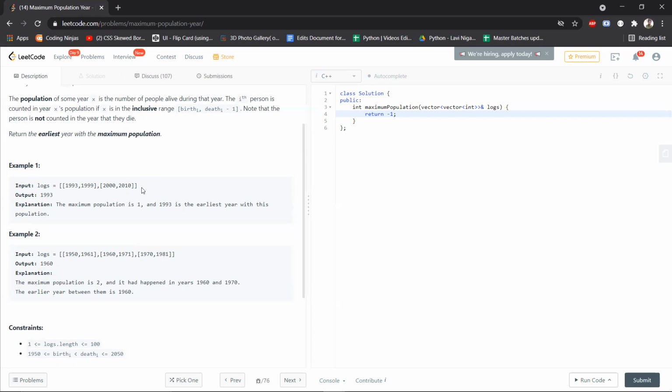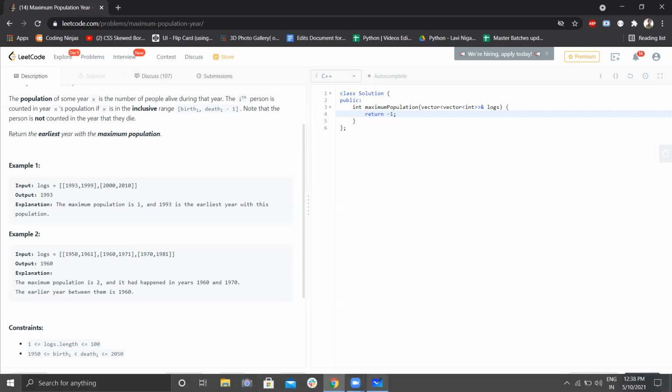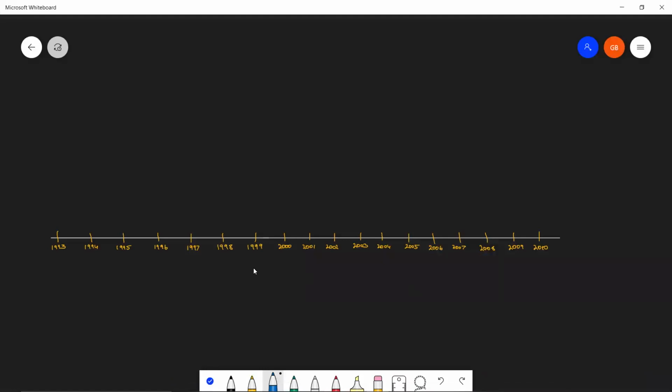In the line sweep algorithm, we have an imaginary line which stores the events of something. And we see if the storage of those events can help us in some way. I have this whiteboard over here where I have drawn a line which has points from 1993 to 2010.